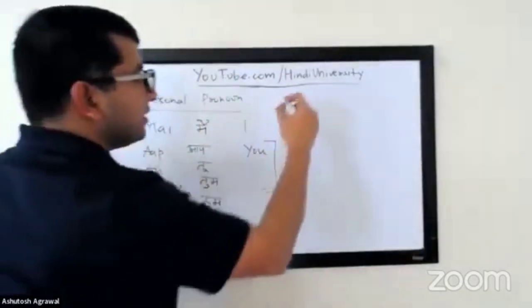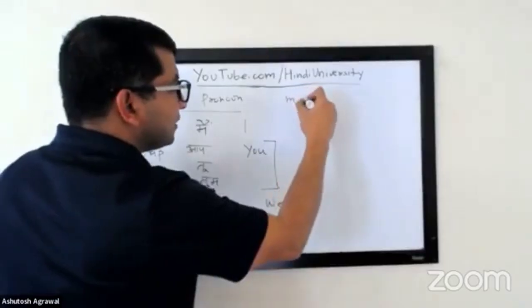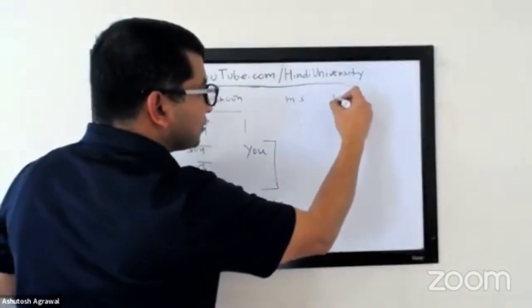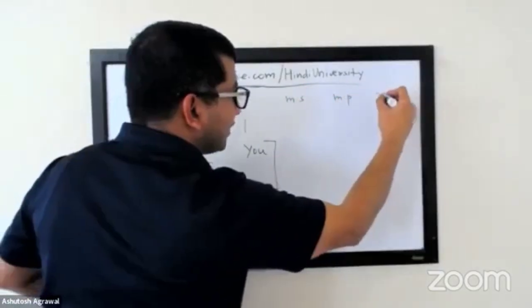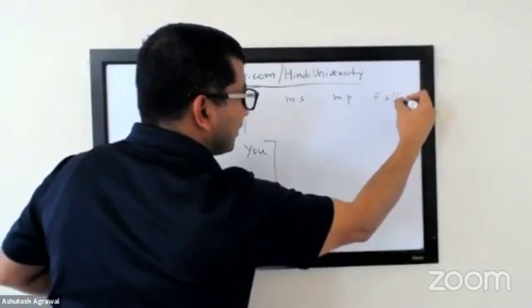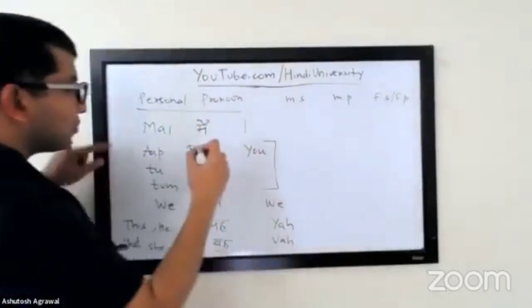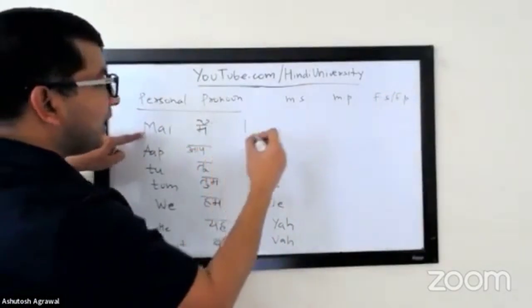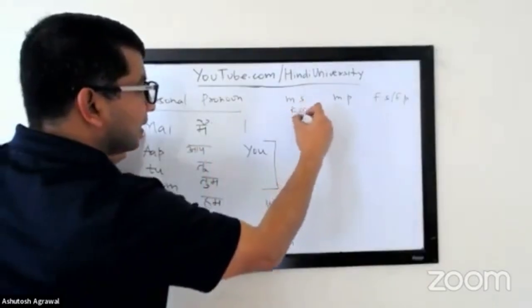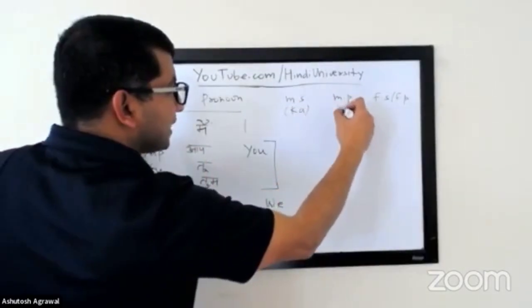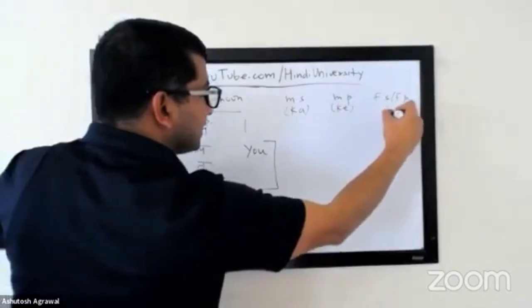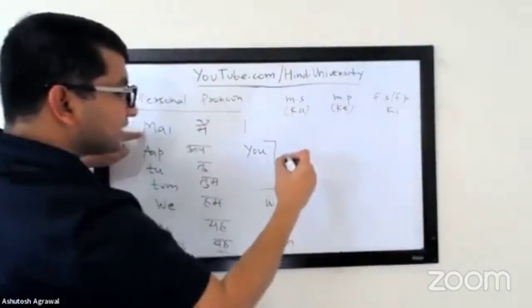So let's say you have masculine singular, masculine plural, feminine singular and feminine plural. When I put ka, ke and ki here, hopefully this table helps.